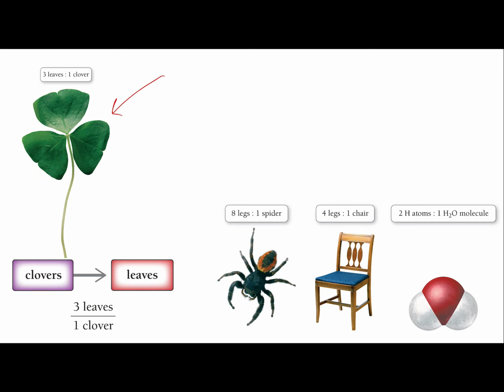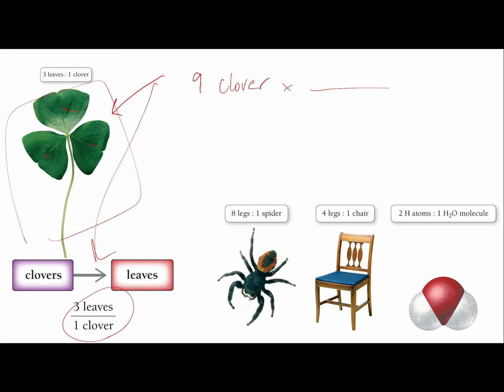You can see here in this 3-leaf clover that we could make the conversion factor that there are 3 leaves to every 1 clover. And therefore, if I had 9 clovers and I wanted to know how many leaves that was, we could use the conversion factor that 1 clover has 3 leaves.